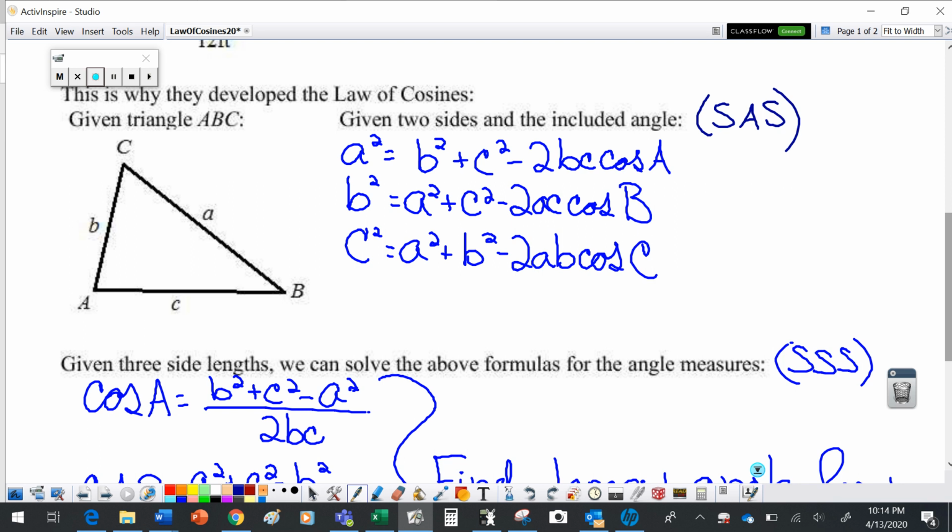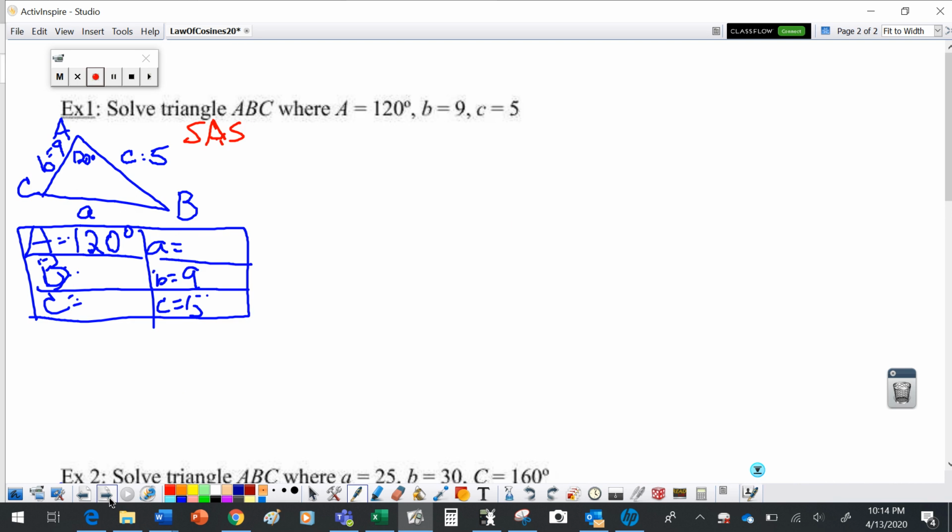So a squared is equal to b squared plus c squared minus 2bc times the cosine of A. So I'm going to take that formula: a squared equals b squared plus c squared minus 2bc times the cosine of angle A.